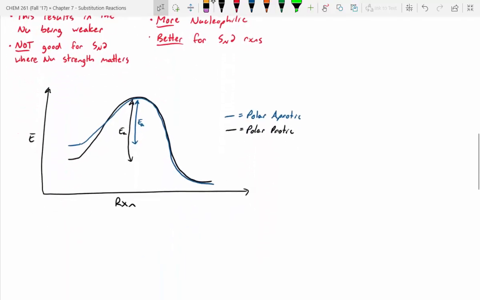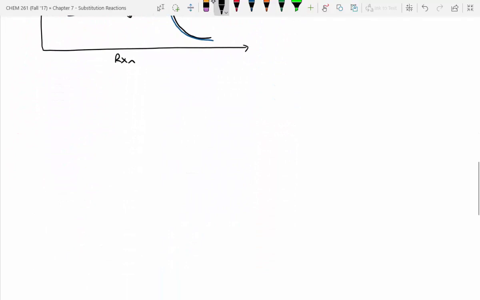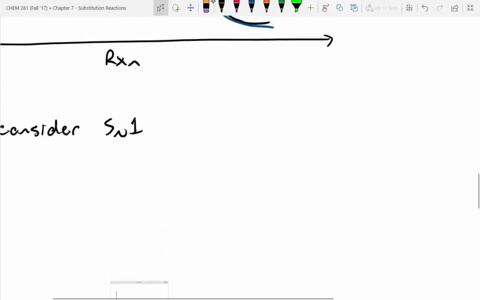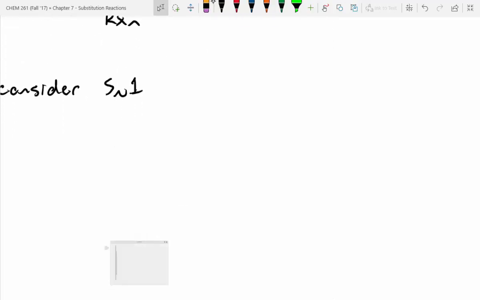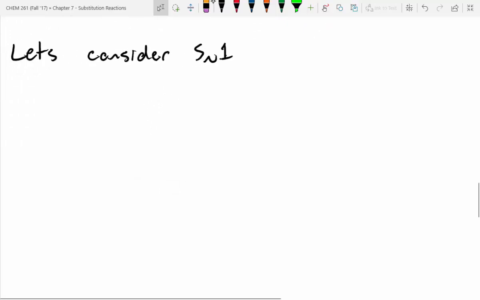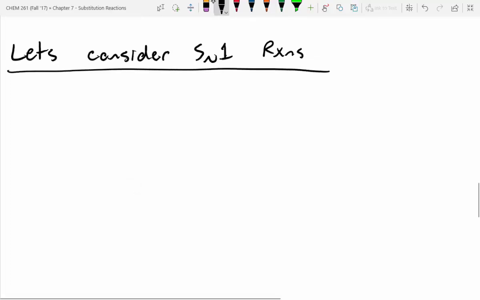So let's consider SN1 reactions. So SN1 reactions, we know the nucleophile, whoa. Come on. We know in SN1 reactions that the nucleophile strength doesn't matter.